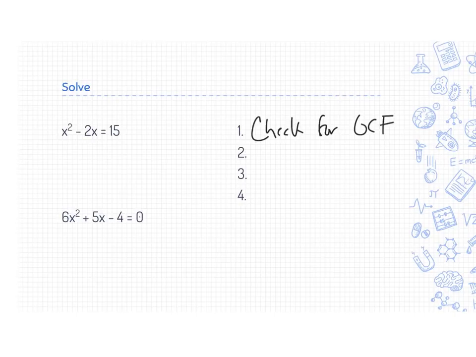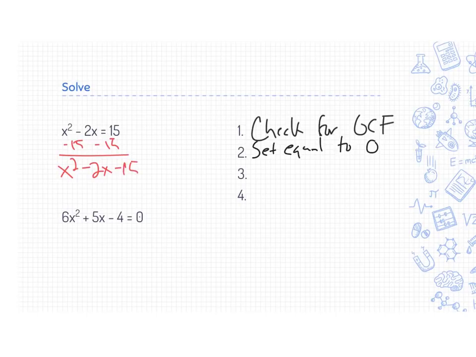So on that one, what I would actually want to do is set equal to 0. So I would subtract this 15 over to give us x squared minus 2x minus 15 is equal to 0. Still no GCF. So then from there what we would do is we would factor.